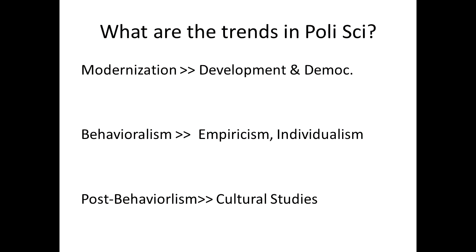In the modern sense, we think of this approach to comparative as a field of study as falling into three broad categories. First, originally, comparative politics in the United States was largely based upon modernization and modernization theory. So we would study other countries with the goal of understanding how they developed, or why they are democracies, or how we can make them democracies.